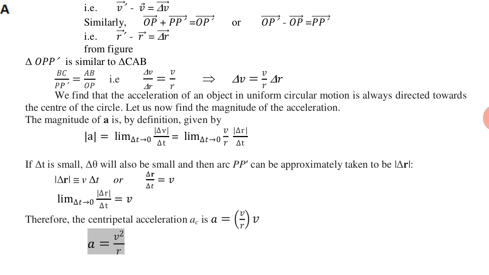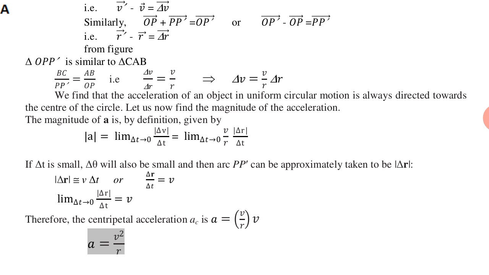Okay, so therefore delta r by delta t equal to v, you have to substitute in the above equation. So we can write limit delta t tends to 0 v upon r, then one more is v divided by delta t.